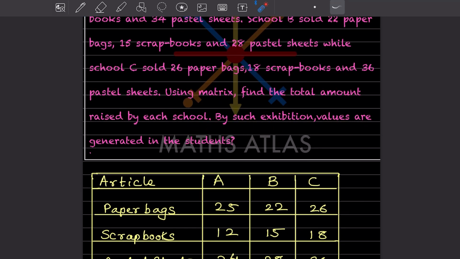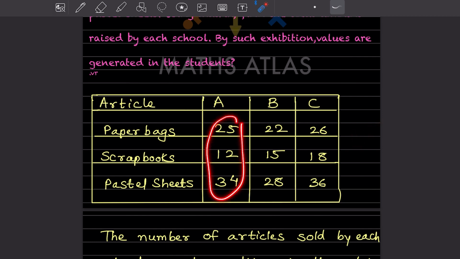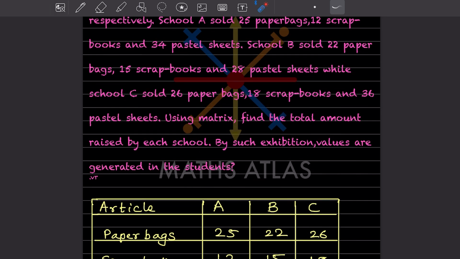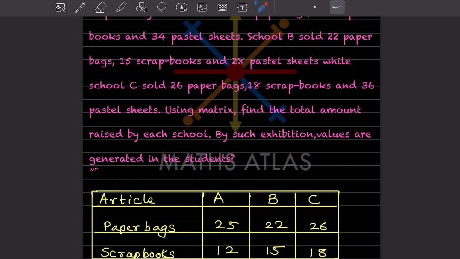The values are given here in this table. So just look at this table. Everything given in the question is here. The paper bags are 25, scrapbooks 12 and pastel sheets 34.